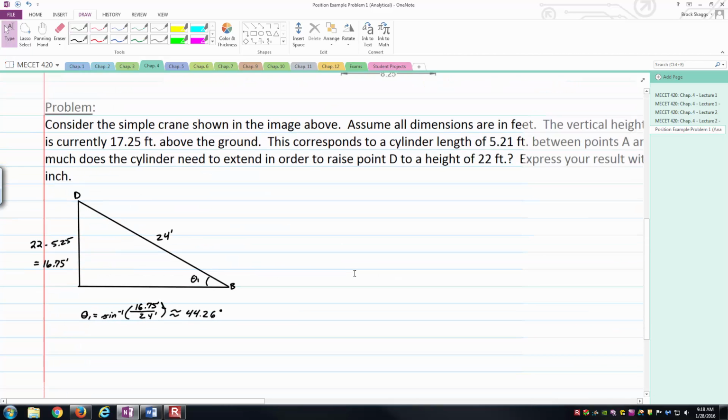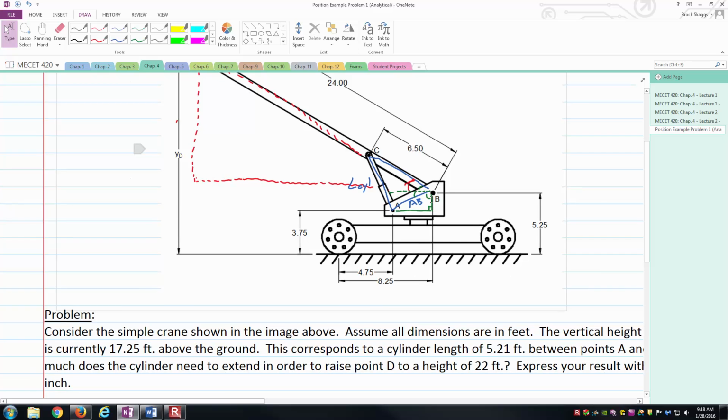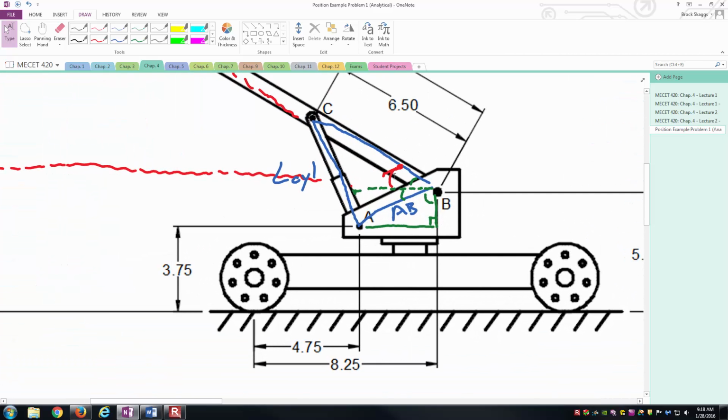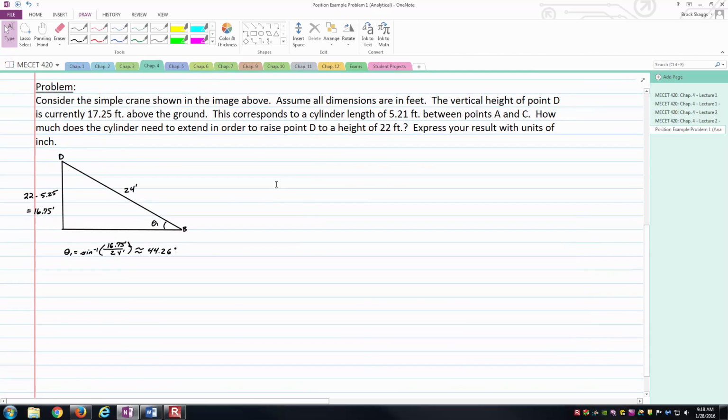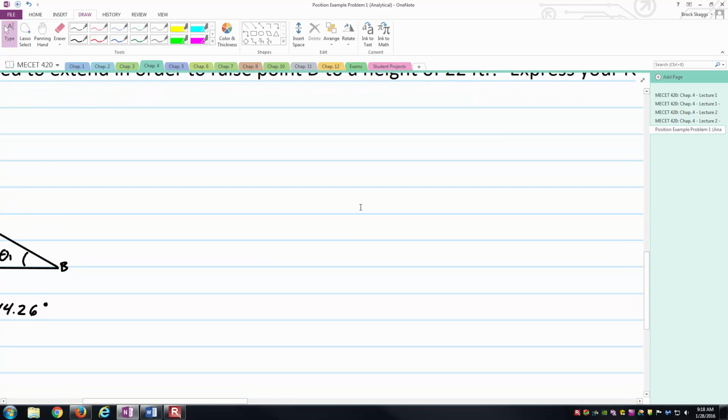Okay, so now that we have theta 1, if we go back to our drawing at this point, we've got the red angle there that you're seeing, also this little green angle that I've got there. And so we called that theta 1. So as far as theta 2, let's work on the triangle formed by AB being the hypotenuse, and it's got that vertical and horizontal legs being green there. And so that'll be another triangle. I'll work on it here to the right a little bit.